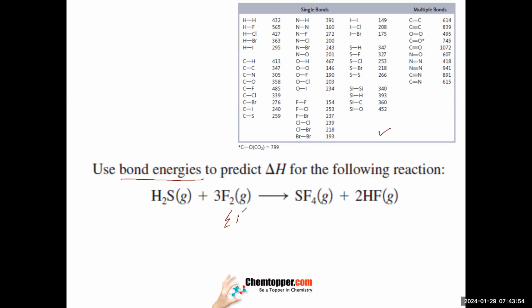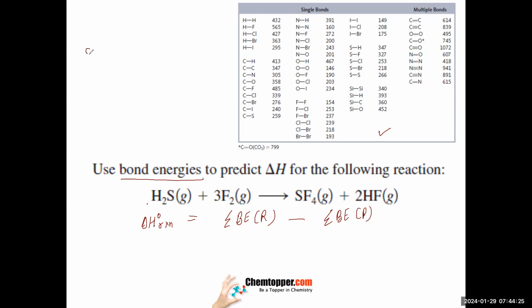Summation of bond enthalpies of reactants minus summation of bond enthalpies of products. I'm going to use this equation. But the problem is that I have to draw the Lewis dot structure of all molecules to see what bonds are broken and what bonds are formed.